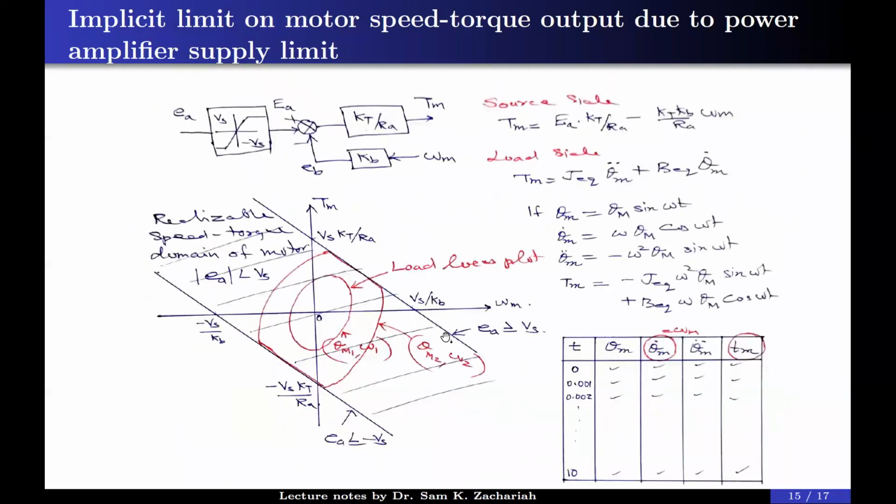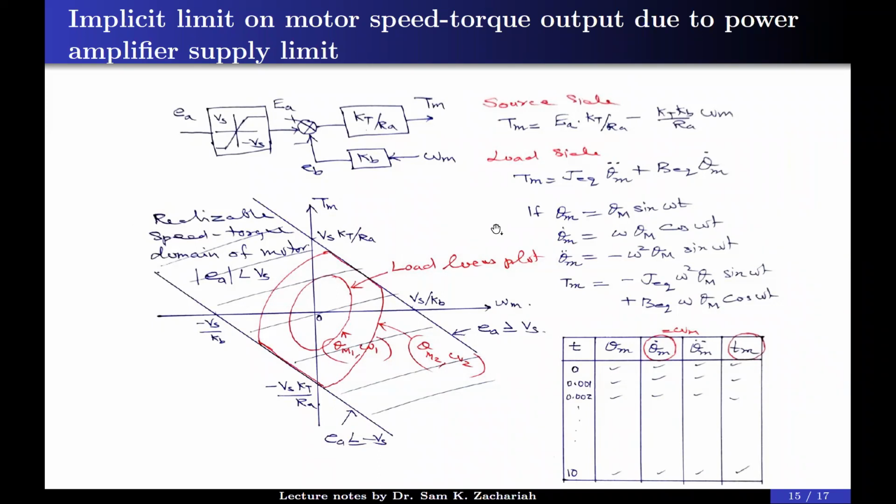Okay, then we will move on to the next part. So far, we have been discussing limits on amplifier and integrator. Now we are coming to the power amplifier limit. You know that a motor is driven by a power amplifier.